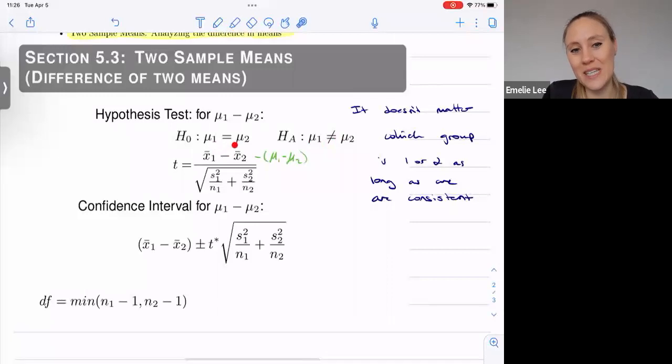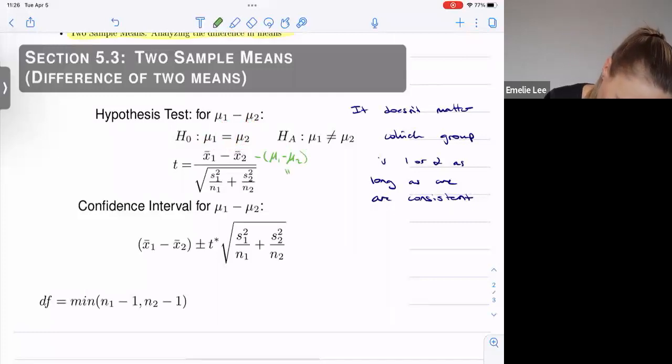So if mu1 is equal to mu2, then mu1 minus mu2 must be 0. So that's another way that you could write this hypothesis, mu1 minus mu2 is equal to 0. And that makes more sense for talking about mu1 minus mu2, but I find that this is a little bit cleaner.